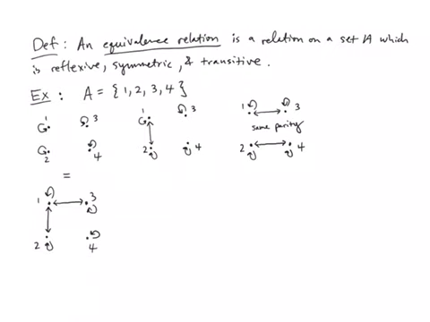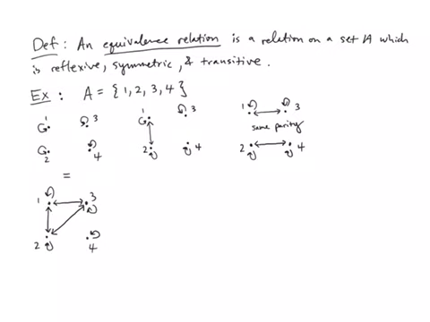And in order for this to be an equivalence relation, we therefore have to have the arrow that goes from 3 to 2. And once we have that arrow, we have to have the arrow that goes back from 2 to 3 directly. And now we have all of the sides of that triangle, so this diagram is going to be transitive as well as symmetric and reflexive.